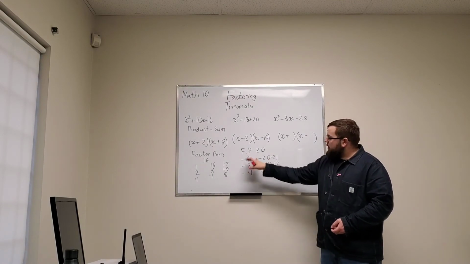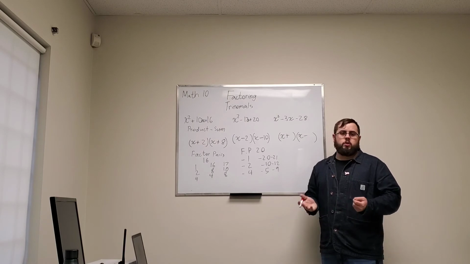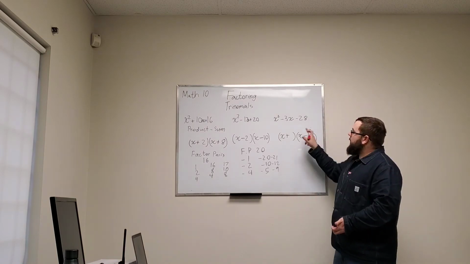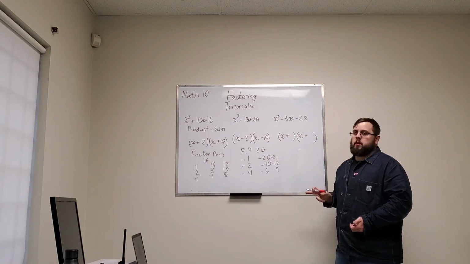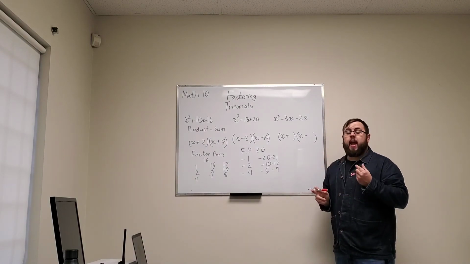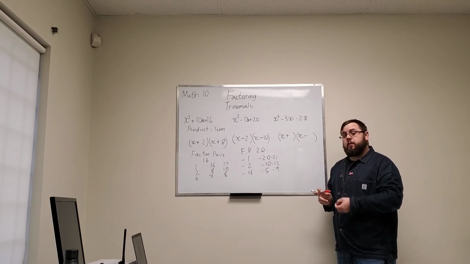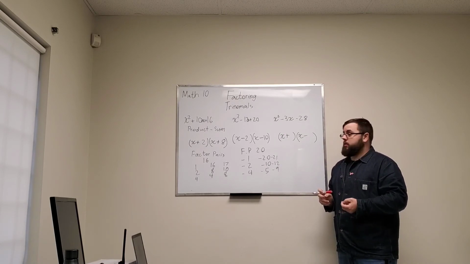But once we do all of this and we find our products, how are we going to know which one should be positive and which one should be negative? Well, to find that out, we're going to look at our second term. And our second term here says when I add those two numbers together, I'm going to end up with a negative number. That means that the bigger number is going to be the negative one, okay?